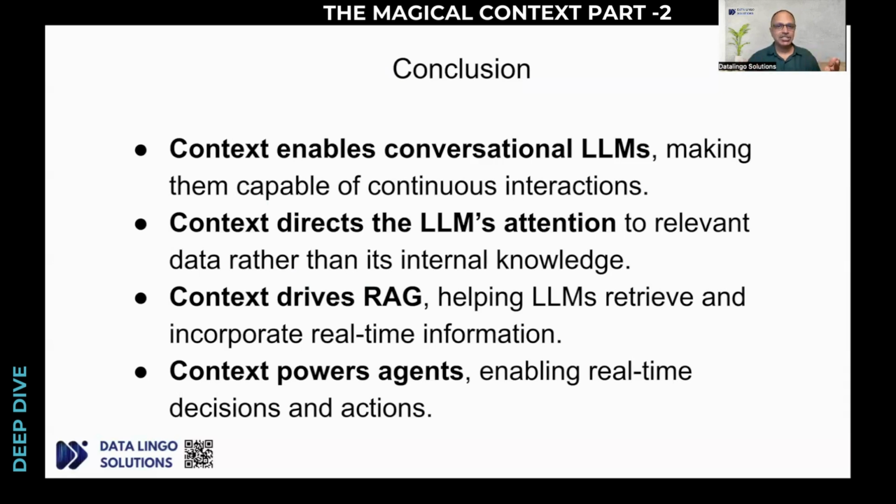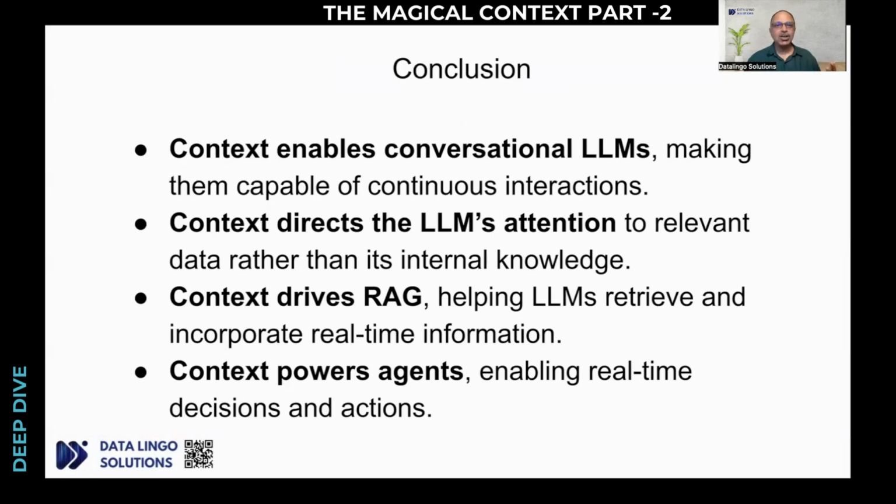In agentic systems, context not only guides LLMs but also coordinates agents. It ensures that real-time data, long-term memory, and tool specifications work together seamlessly, enabling intelligent decision making and actions.